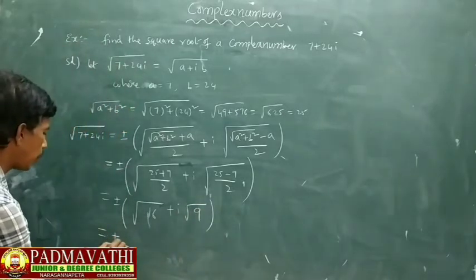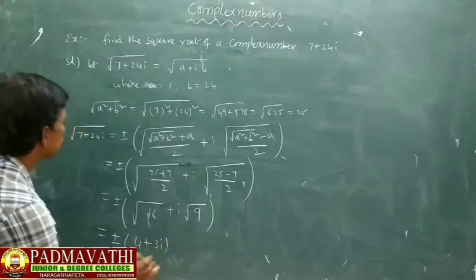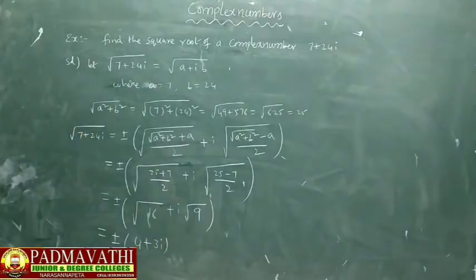That equals plus or minus 4 plus 3i, that is the square root of 7 plus 24i.